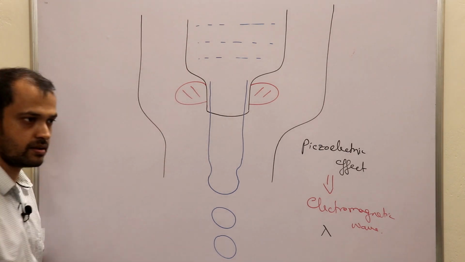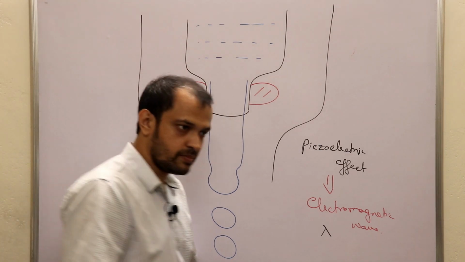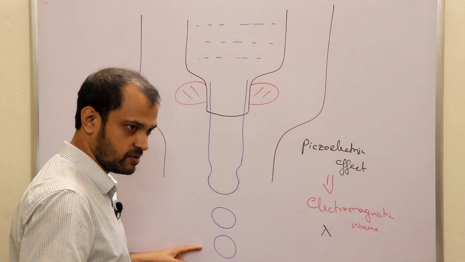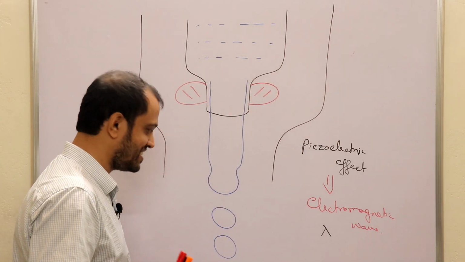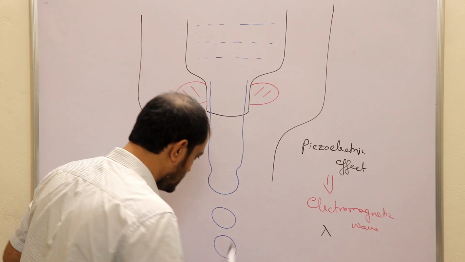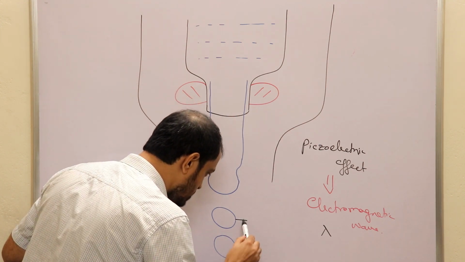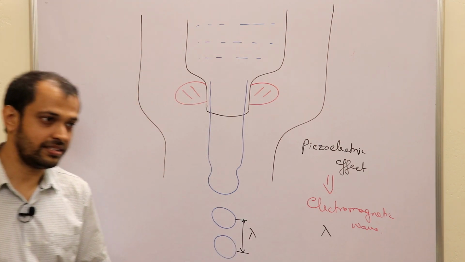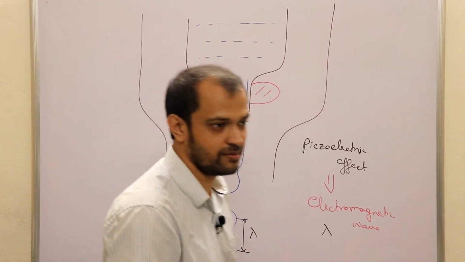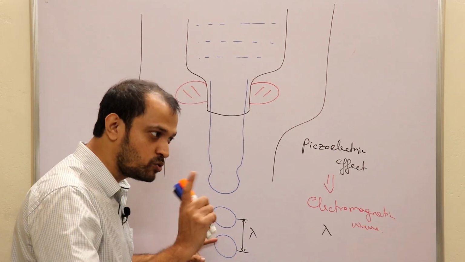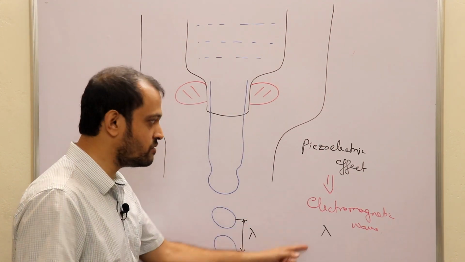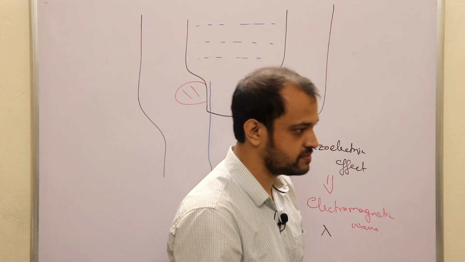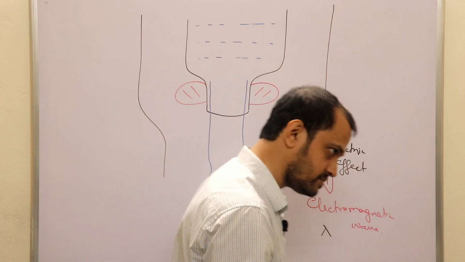Now what is the funny part? The funny part is the distance between the two droplets is lambda. That is the basic thing you need to understand. The distance between the two droplets is always lambda, which is equivalent to the wavelength of the electromagnetic wave. Clear?